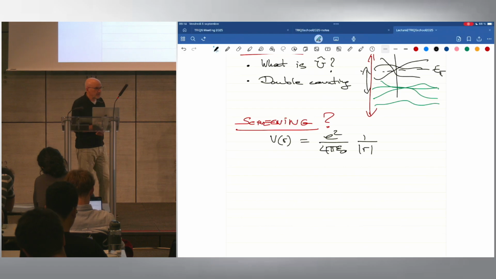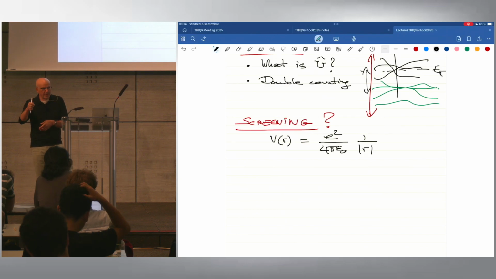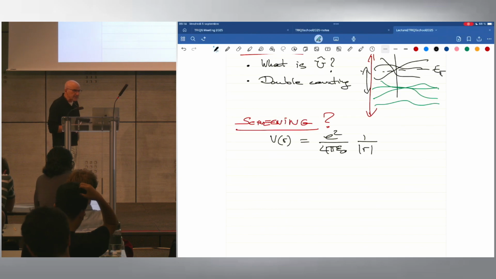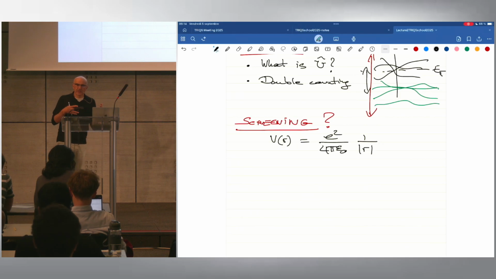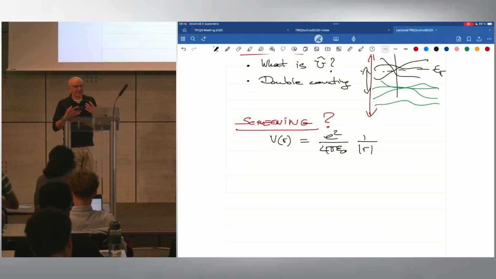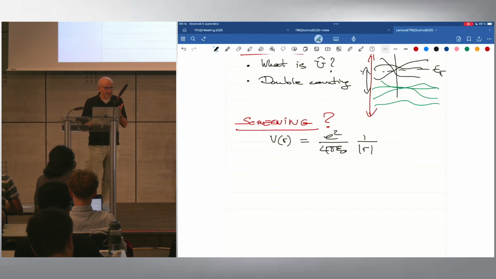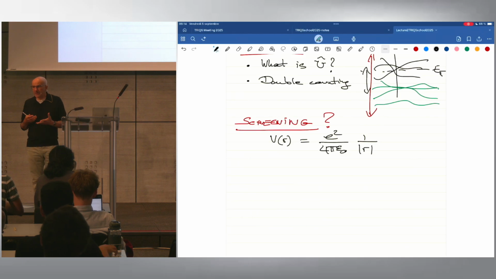If I am in a material, when you introduce a charge in the system, let's imagine this Gedanken experiment where we introduce a test charge in the system, all the other electrons in the system are going to rearrange. There will be a density perturbation, right? And hence, the actual potential seen by another charge somewhere else is not going to be the bare one. It's going to be affected by this rearrangement of electrons. And that's the phenomenon of screening.